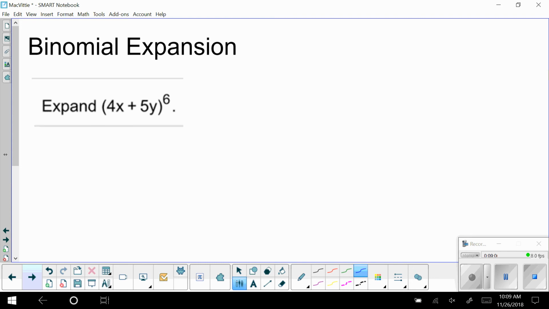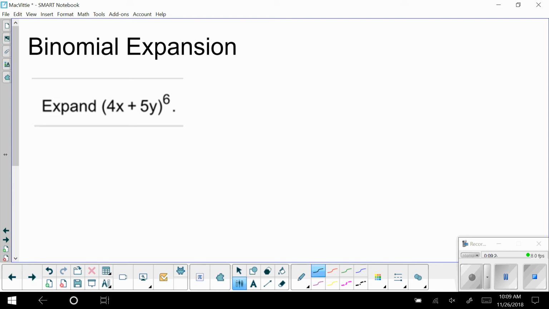So then there was binomial expansion. Binomial expansions, your professor probably covered this as part of using the binomial theorem, which involves using combinations to figure out coefficients.